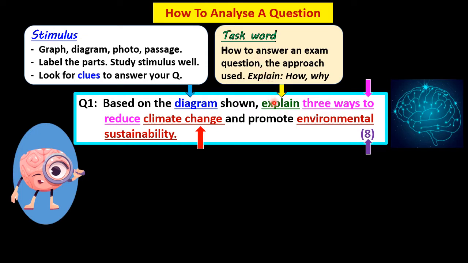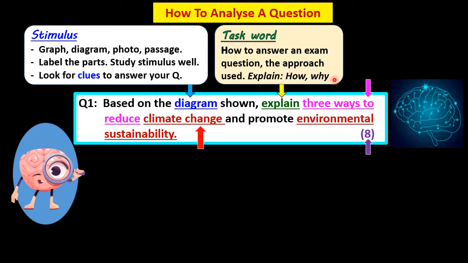Now, if you are given the word explain, it means you must first state the 3 ways to reduce climate change. Then for each way, you have to explain how it works, or why you state this is the way. So when you have the word explain, you think of the W's: how, why, what, where can be used also, and sometimes who is involved.